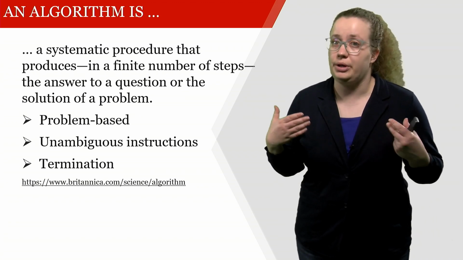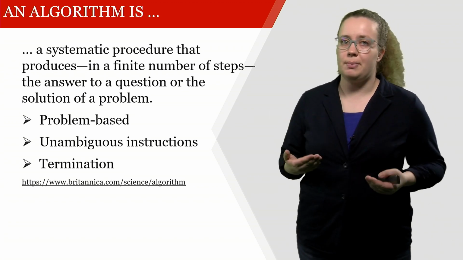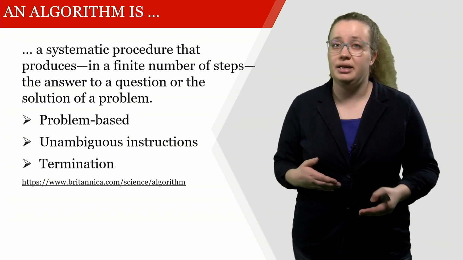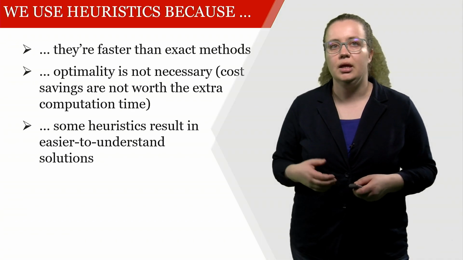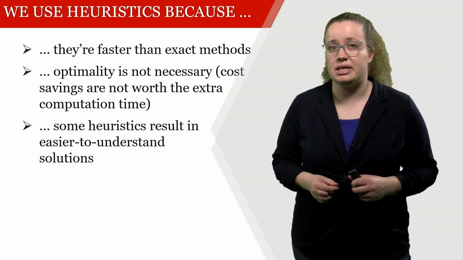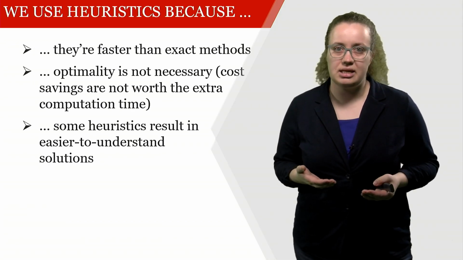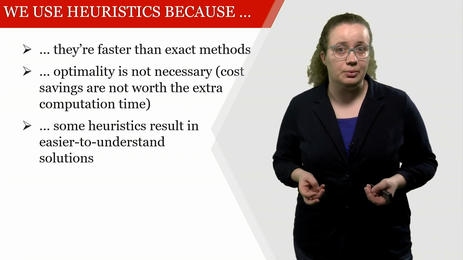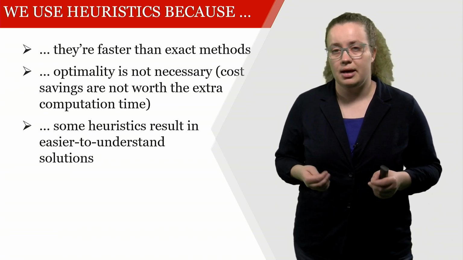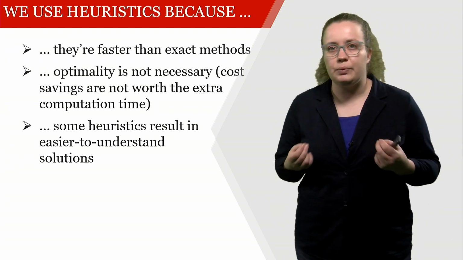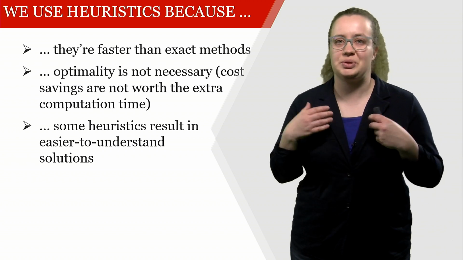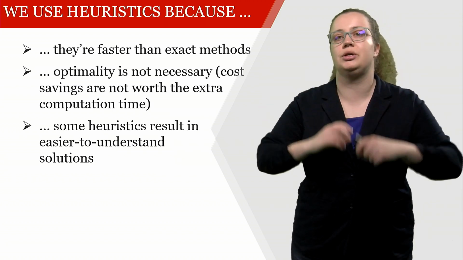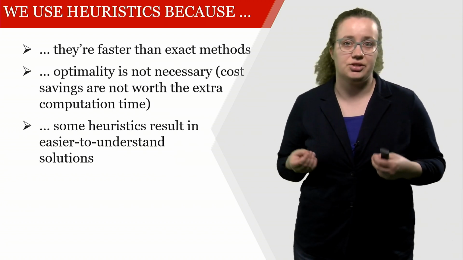So our heuristic also has to be problem-based, has to give us an unambiguous set of instructions, and it has to terminate. The reason why we're using heuristics is that they're faster than exact methods, and that optimality may not be necessary in a given case. I would argue that that is the reason that we usually do not use heuristics in network design, because of course we have these strategic, very long-term decisions where optimality is actually great.